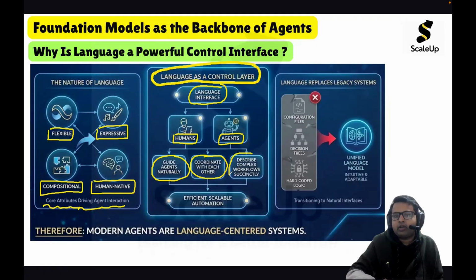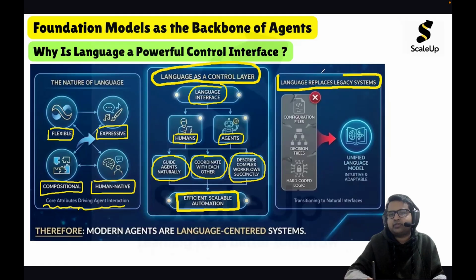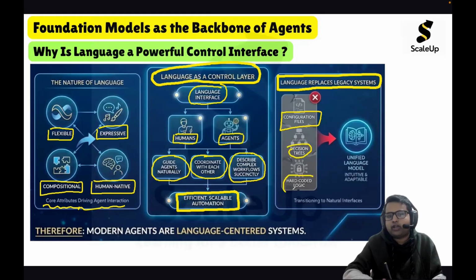It describes complex workflows. So at the end, what we will achieve is efficient, scalable automation. Language replaces legacy systems, because earlier, if you wanted to interact with the system, you had to make use of configuration files, decision trees, hard-coded logic.